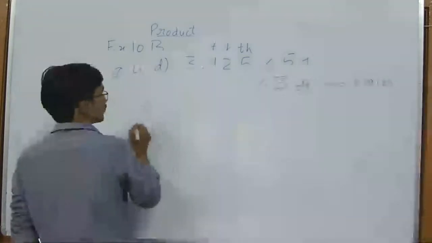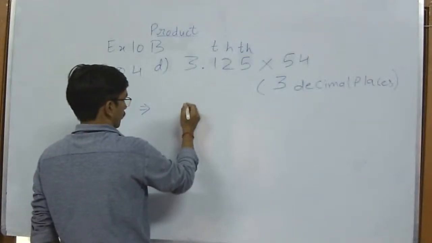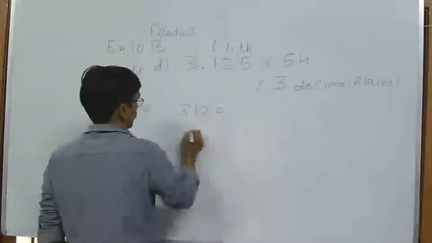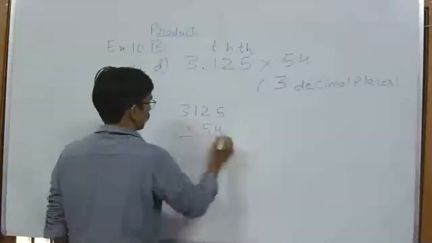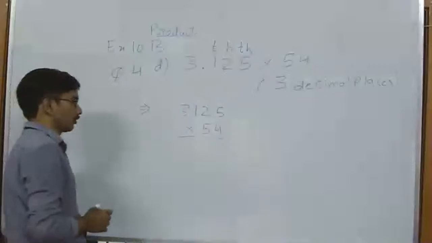You should write the product first. 3125 multiplied by 54. Fine.